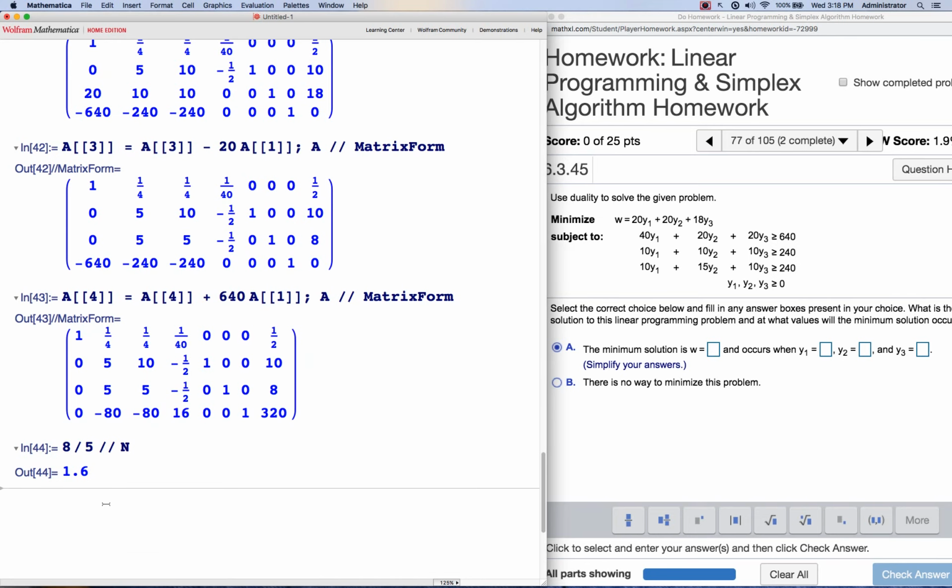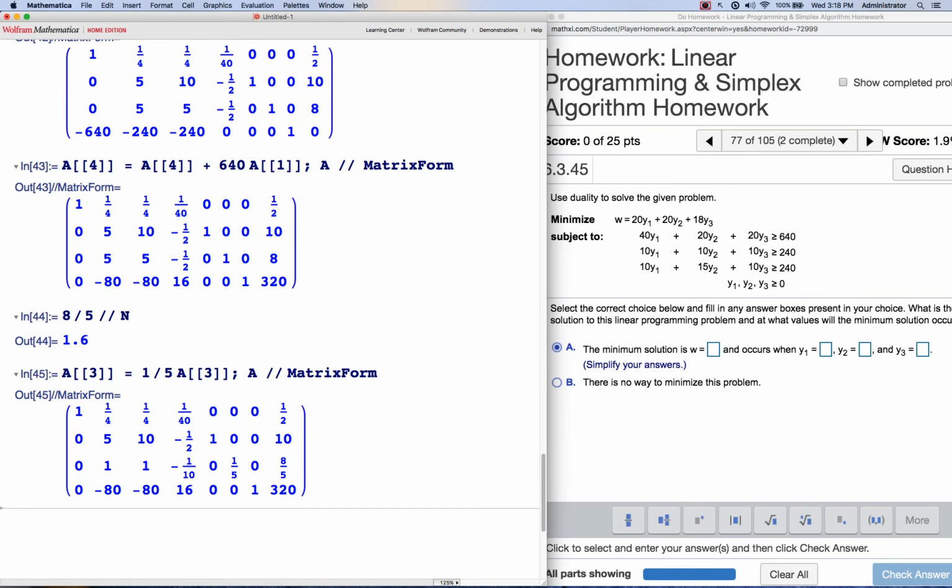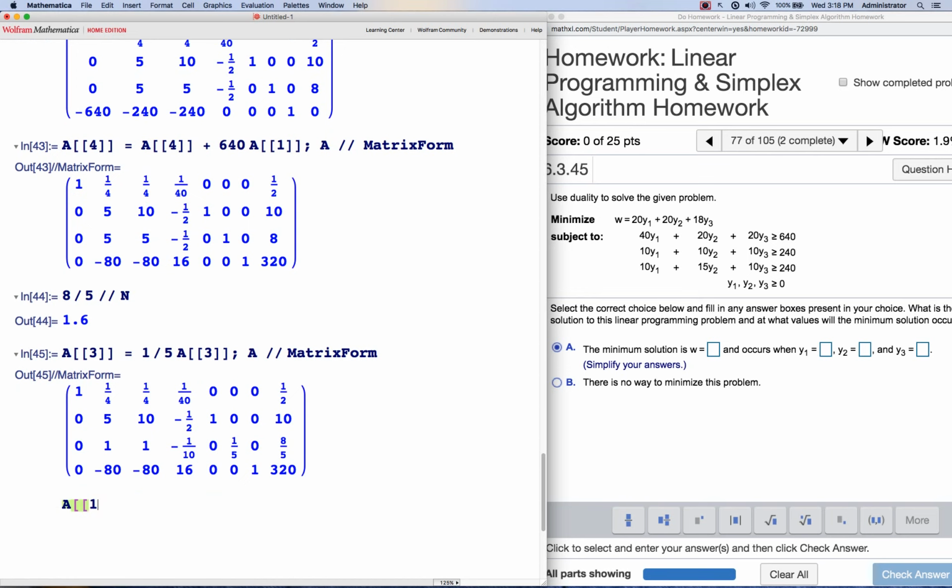So let's see. I'm changing the third row: 1/5 times the third row. Okay, and then the new first row is equal to the old first row minus 1/4 times the third row.